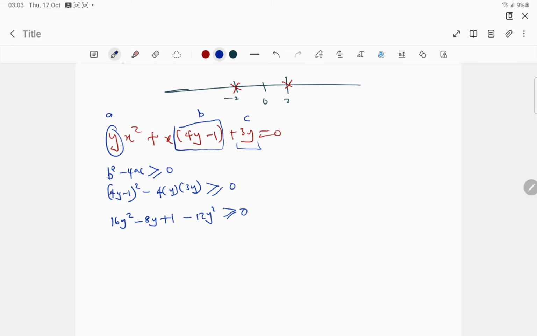What it means is we have 16 minus 12 being 4y squared minus 8y plus 1 being greater than or equal to 0. Then factorization of this will give us the range for our function.